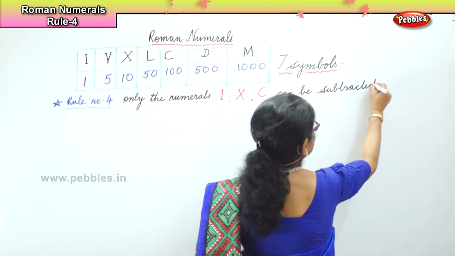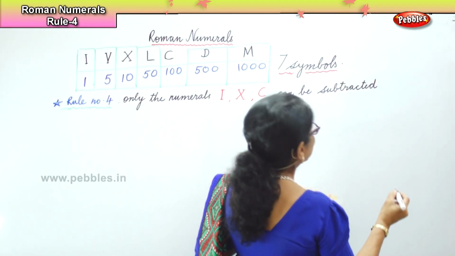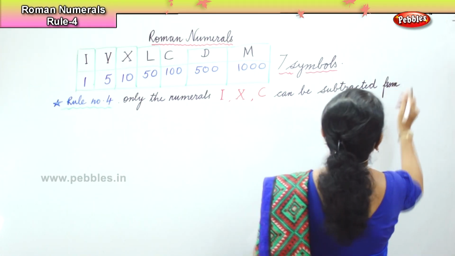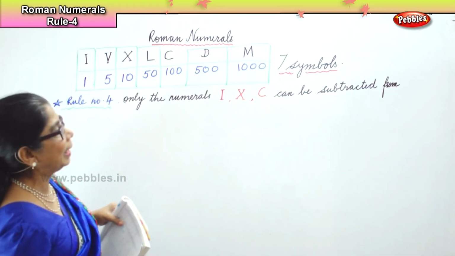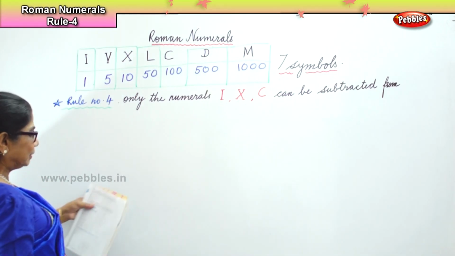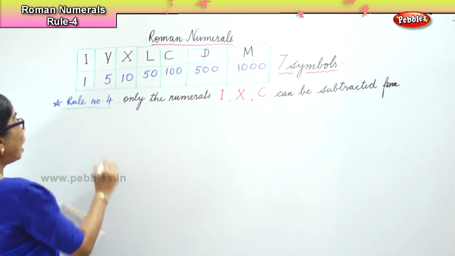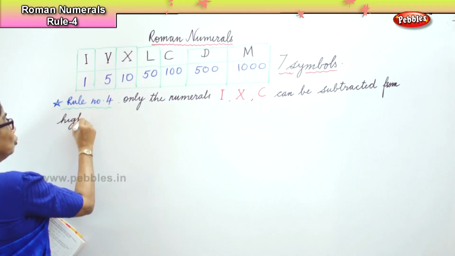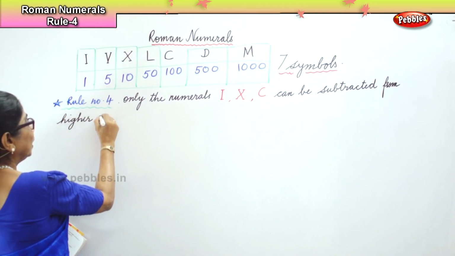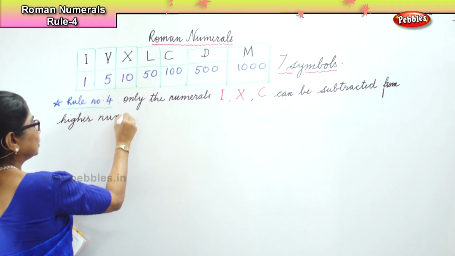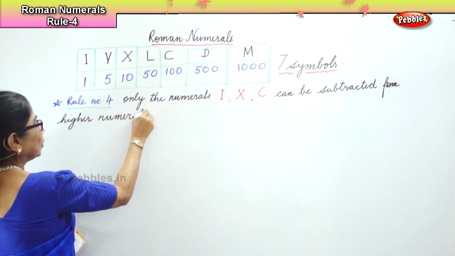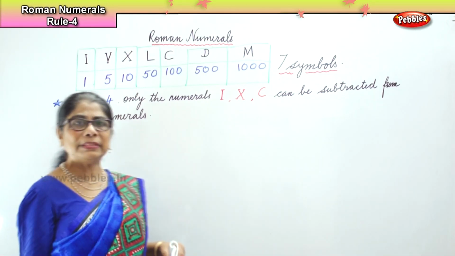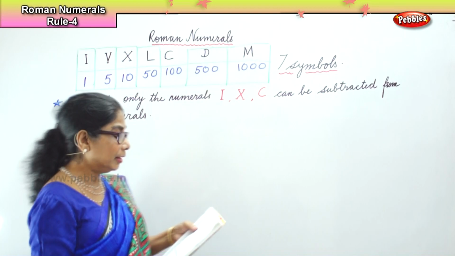Only these numbers 1, 10 and 100 can be subtracted from higher Roman numerals. 1, 10 and 100 can be subtracted from the higher numeral.